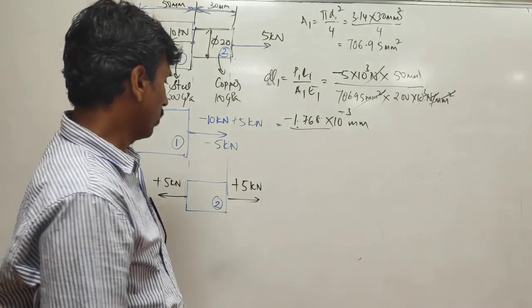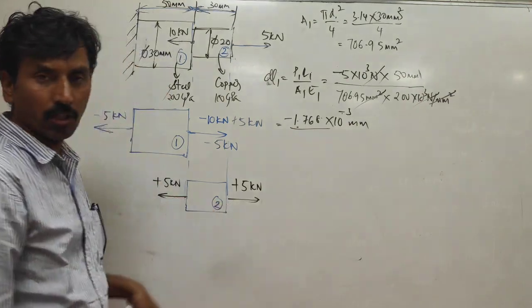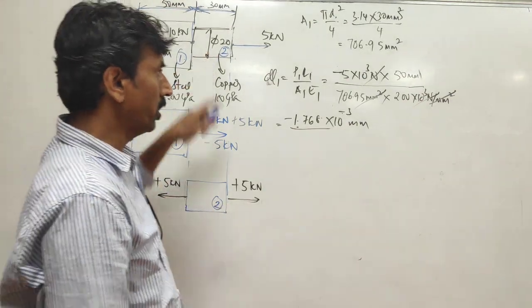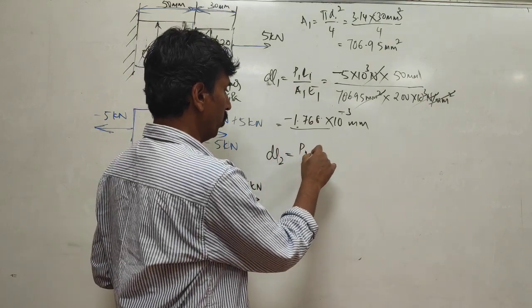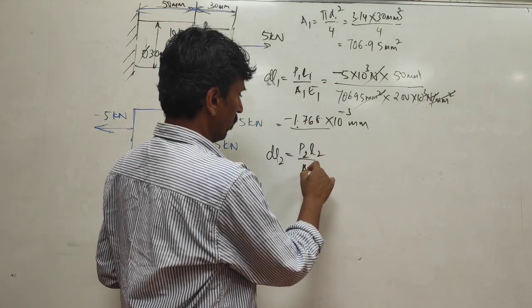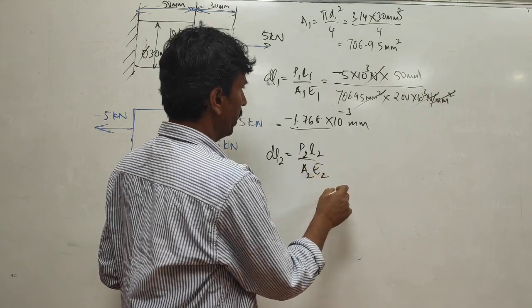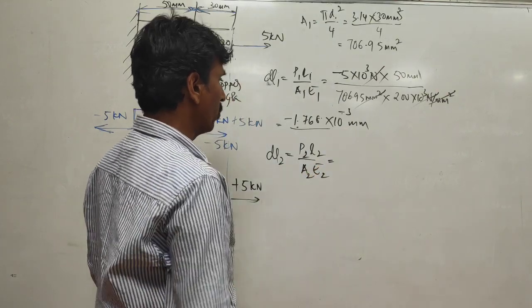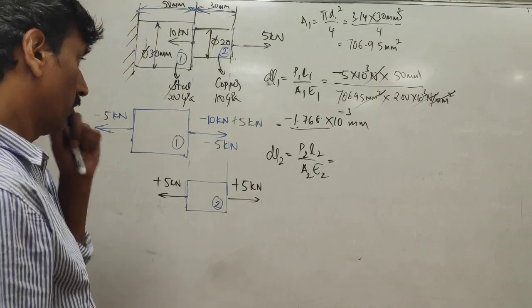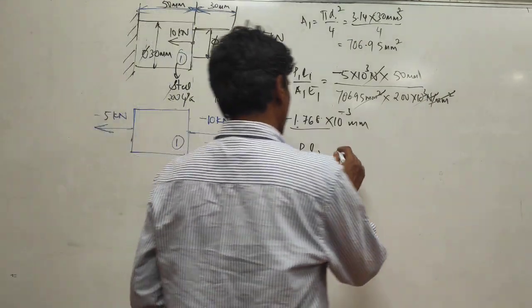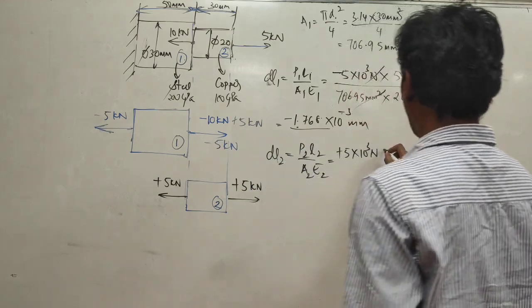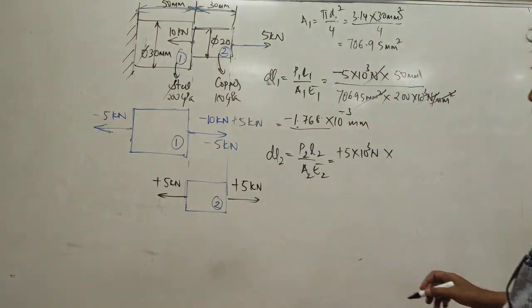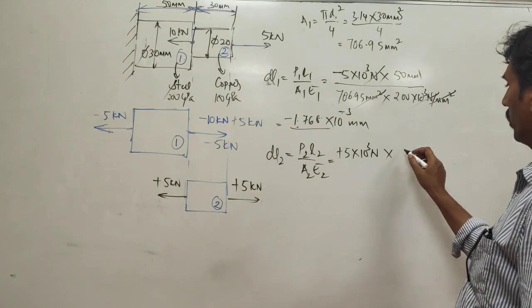So once you know the load on this is plus 5 kilonewton, all the details about this part 2 are given. So dl2 is equal to P2 L2 by A2 E2. You can substitute these values here. P2 is plus 5 into 10 to the power of 3 newtons, multiplied by the length, which is 30 mm.